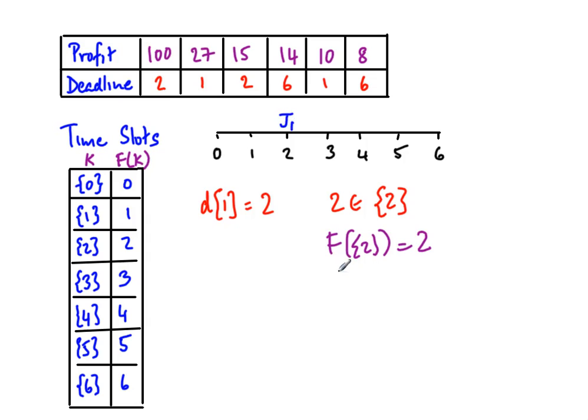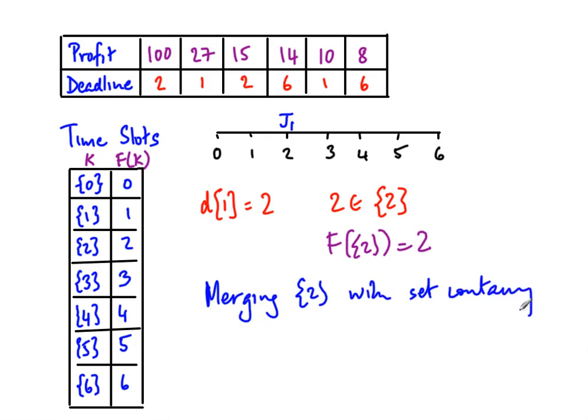Now we have to update the fact that time slot 2 is no longer available for itself. And this we do by merging the set 2 with the set containing f of 2 minus 1.